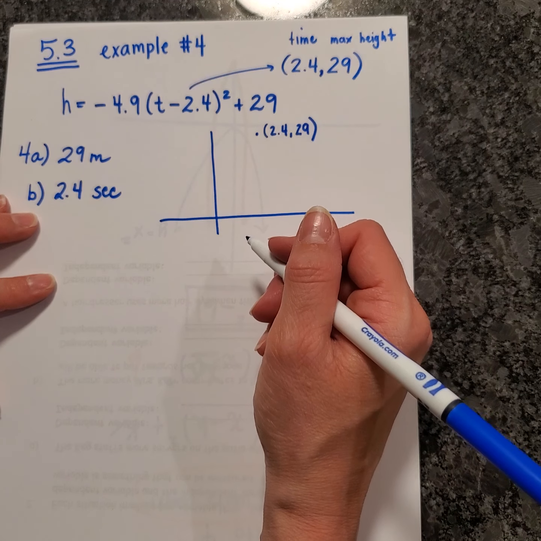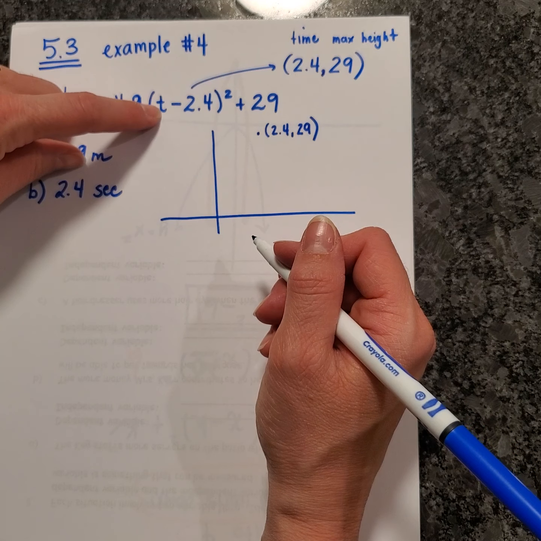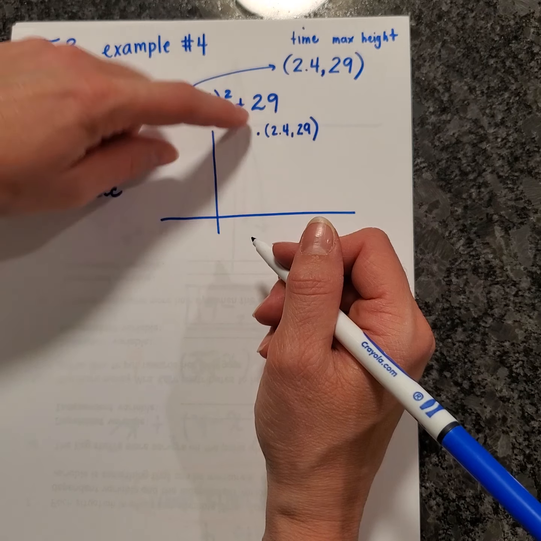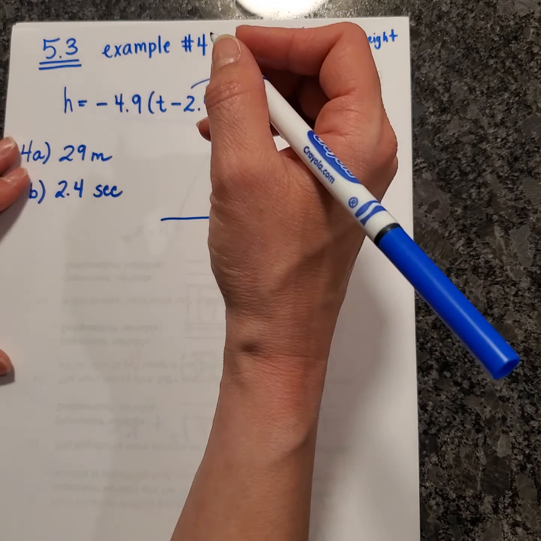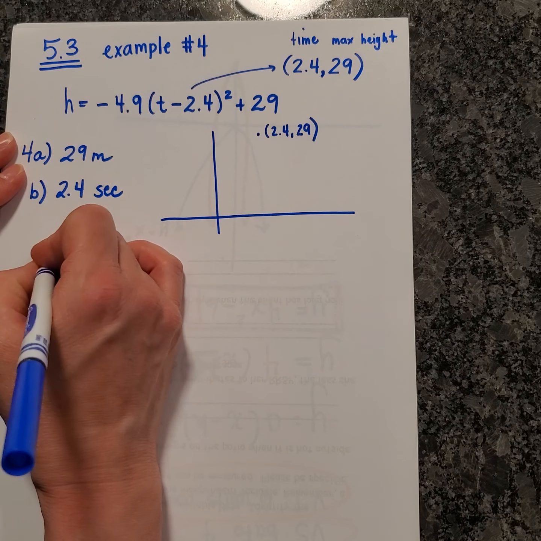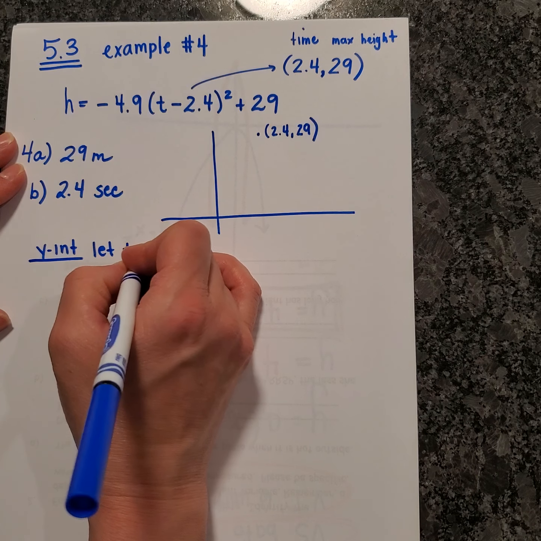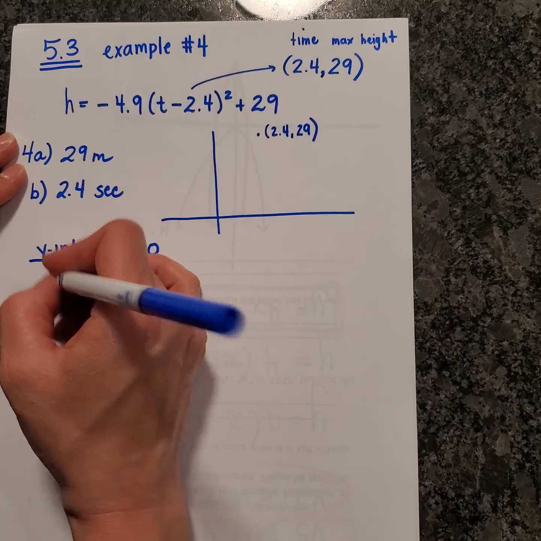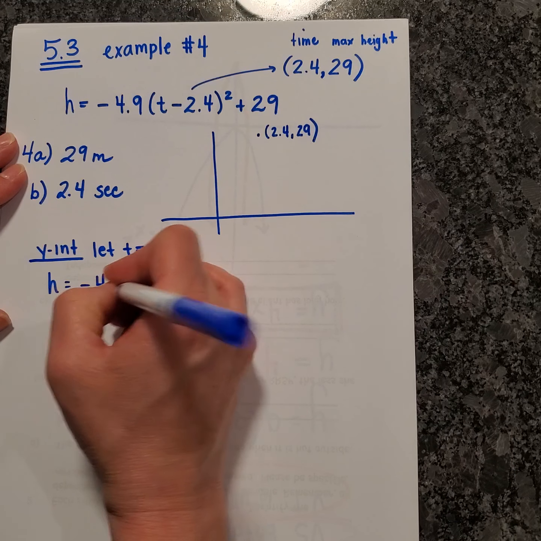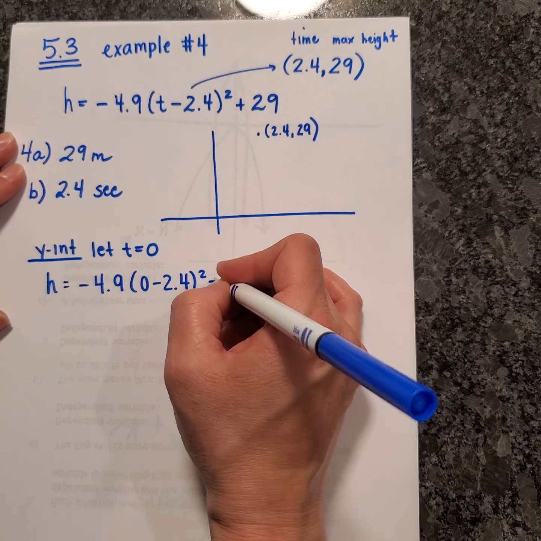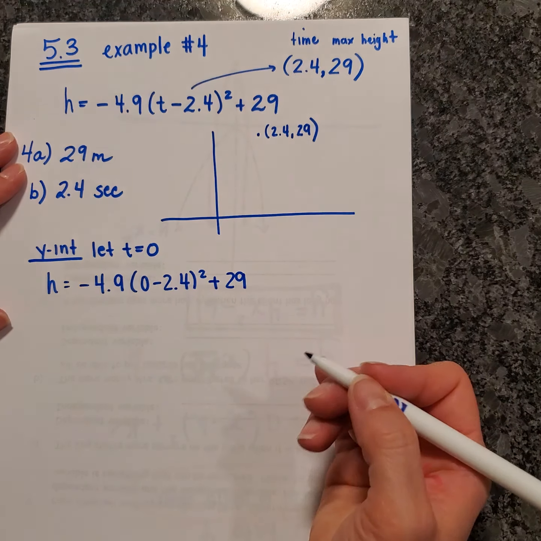I could find the y-intercept if I sub 0 in for t, and that's what I'm going to do, just to make my graph a little bit more accurate. So to find the y-intercept, I let t, or x, whatever you want to call it, be 0. And we can't let BEDMAS go out the window here.